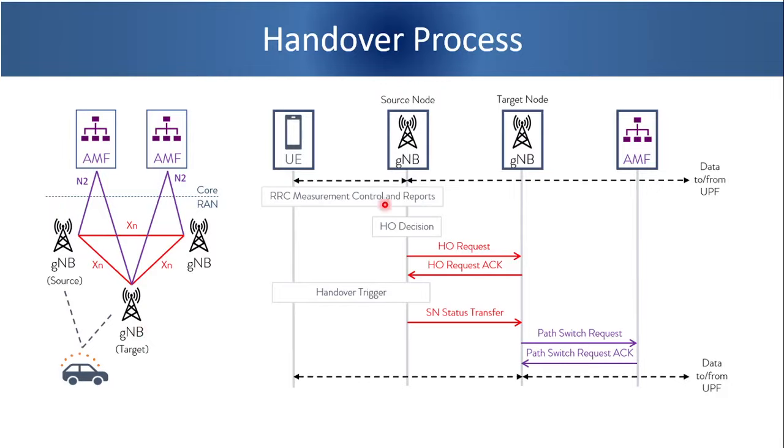So just look at this particular flow. This is your source gNodeB, this is the target gNodeB, and this is your AMF. There can be more than one AMF instance, but at a particular time one AMF handles the call of one user.